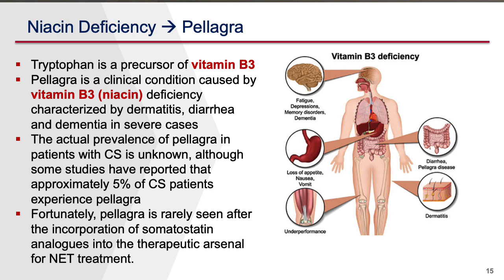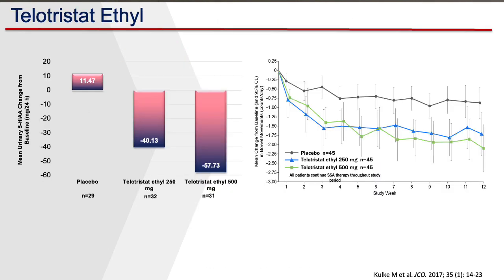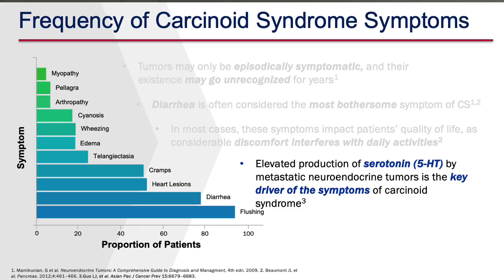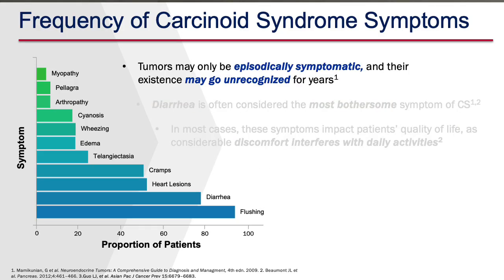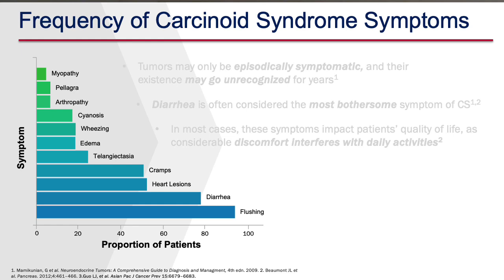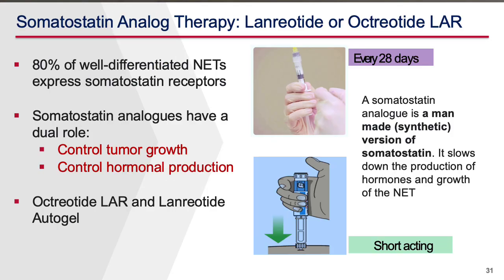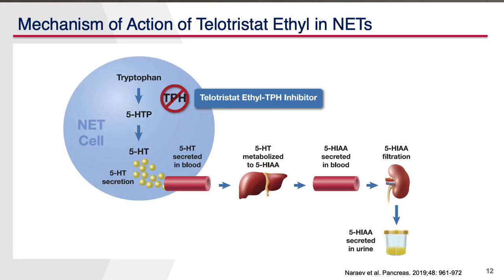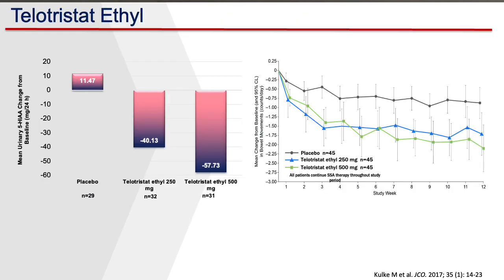So you may ask, how does this happen? Let me just go back to one of the slides. So maybe this one will be a little bit better. Sorry. Well, let me go to this one here. So this is how the tryptophan deficiency happens.